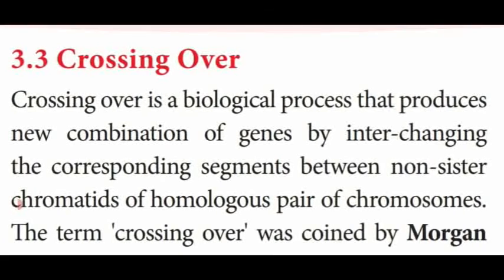Up to this, we have seen complete linkage with the hybridization process in male Drosophila, incomplete linkage in the maize plant, and also alleles of coupling or cis configuration, alleles of repulsion or trans configuration, what is a linkage group, the difference between linkage and crossing over, and also the introductory part of crossing over.